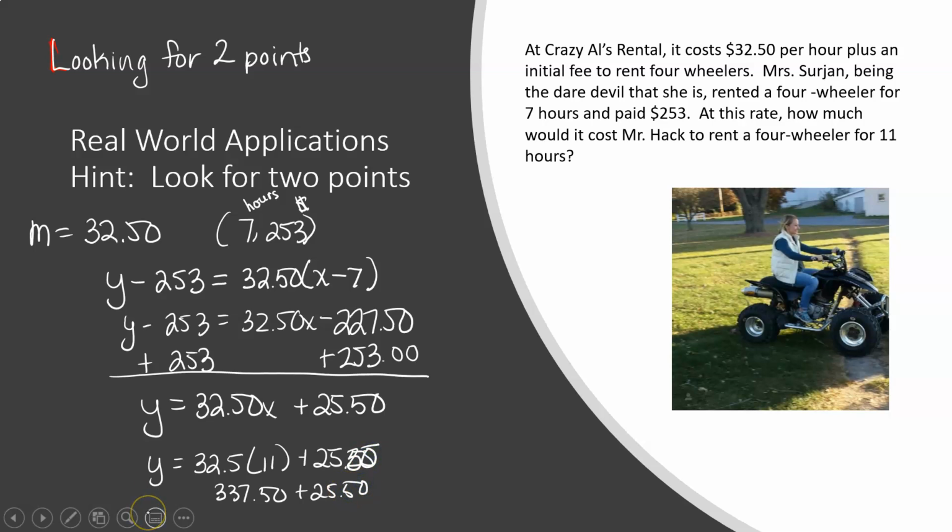If we add those together, I get y, or what he paid for 11 hours, is $383. So that's how you use your point slope form to figure this one out. I have one more.